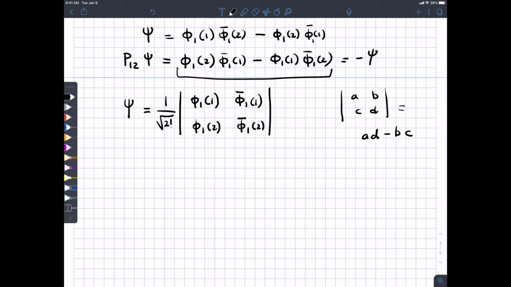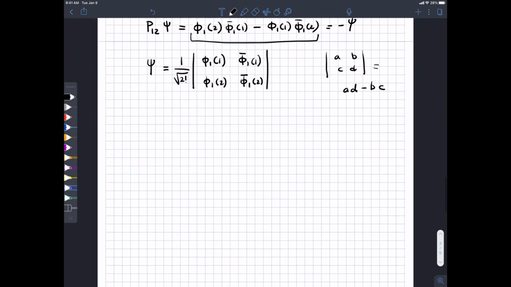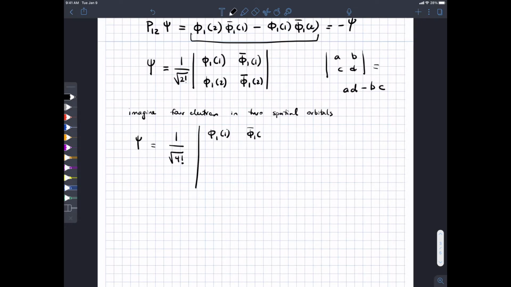All right, so Samantha asked, what if you had more electrons than just 2? And the answer is you just continue on with the pattern. So imagine a 4-electron system in 2 spatial orbitals. So for that, the wave function would be, here's a scaling factor in the front, which you can ignore. We would simply do the 2 spatial orbitals in the first row with electron 1 in them.